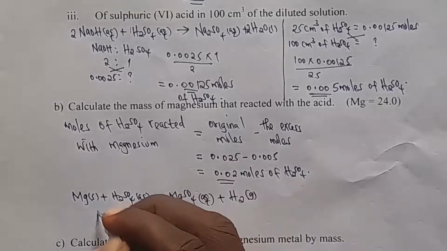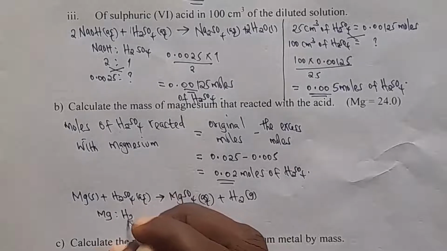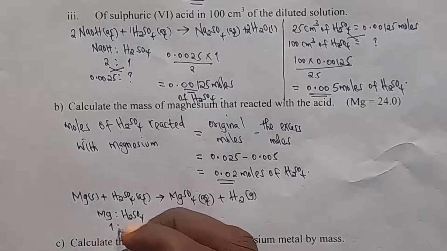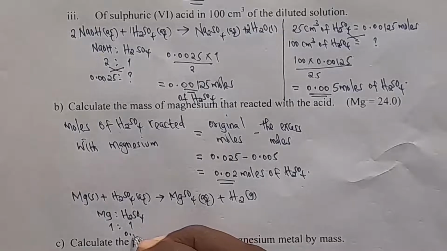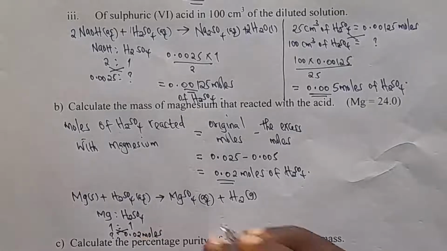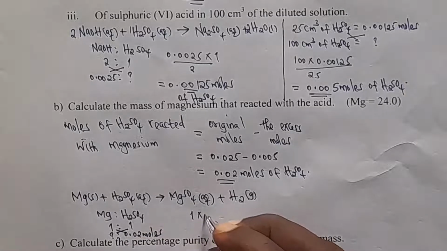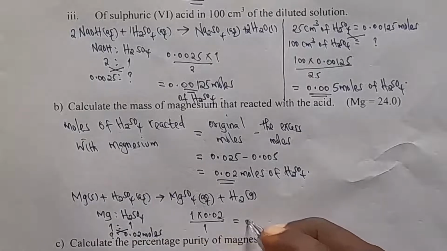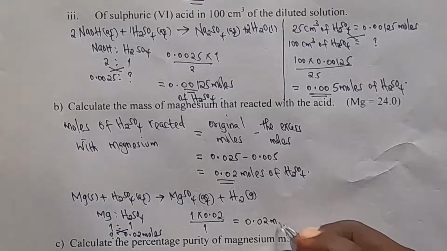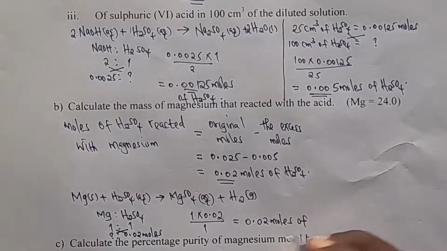So the mole ratio between magnesium and sulfuric acid is 1:1 because this reaction is self-balanced. So we have the number of moles of sulfuric acid to be 0.02 moles. So what about the number of moles of magnesium? We cross multiply, we have 1 times 0.02 divided by 1. So this one will be 0.02 moles of magnesium.